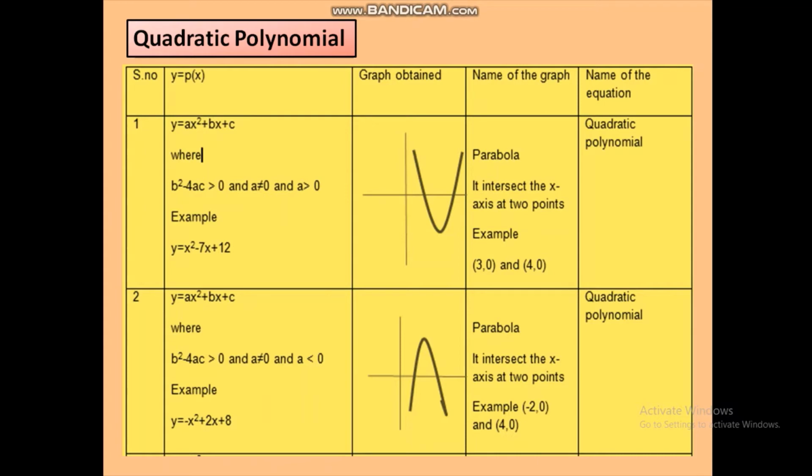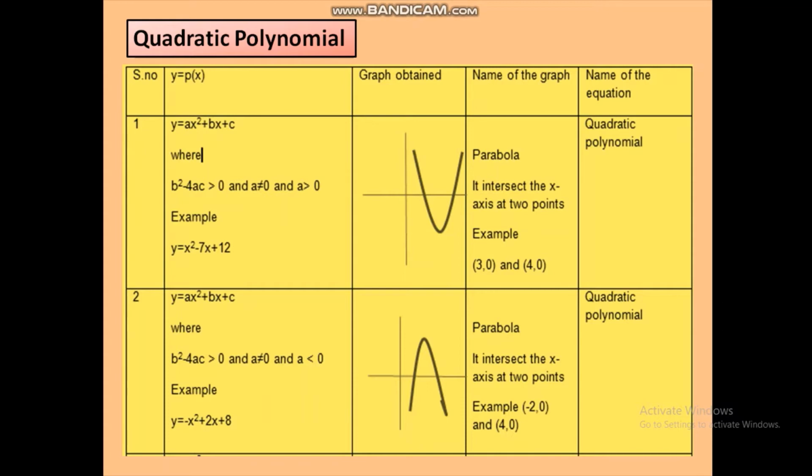In this case, the graph line obtained is a parabola, that is a curved line, and it is open upward, which intersects the x-axis at two different points, and the coordinates of these 2 points is termed as zeros of the polynomial.